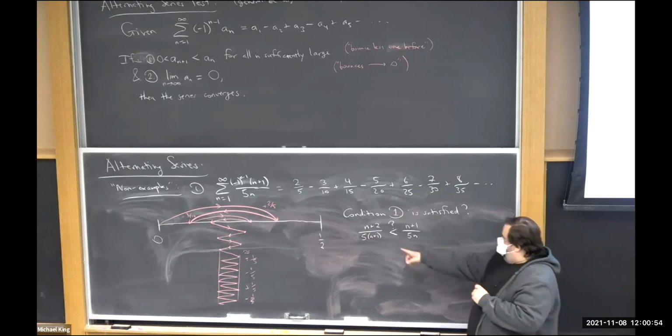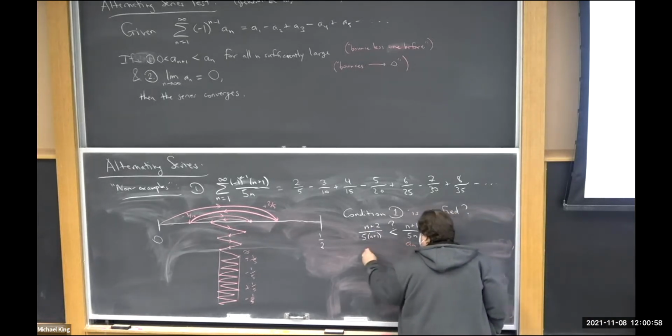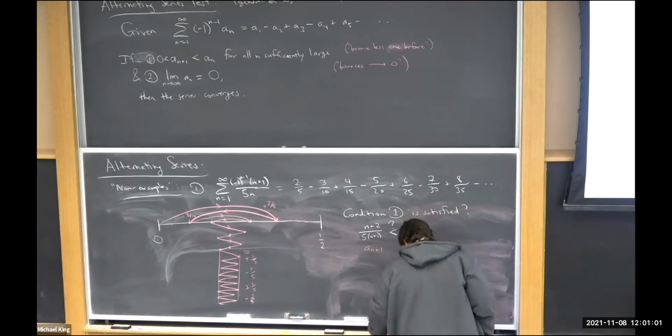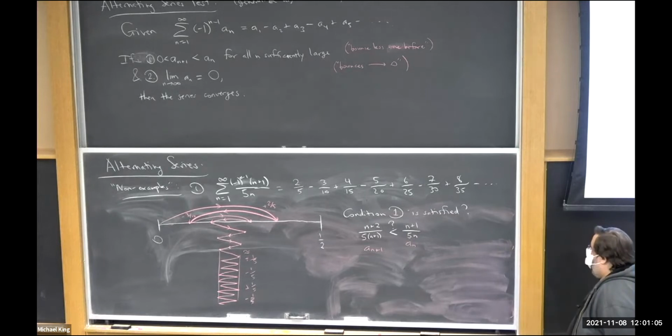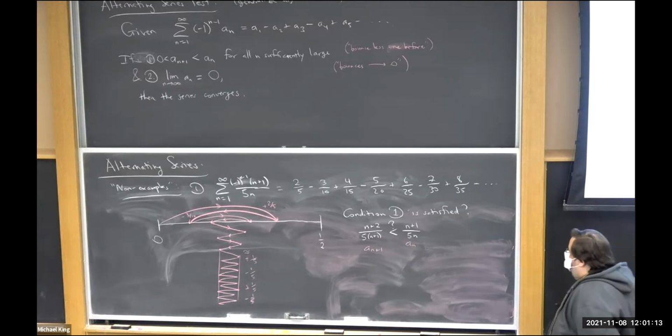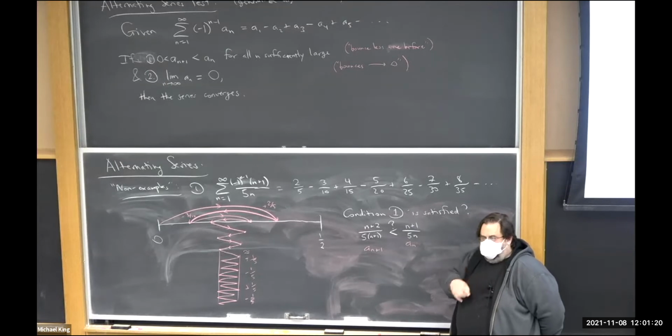Because this would be the next term, right? This is a sub n, this is a sub n plus 1. I mean, it's a question mark. You do have to think about it. You could think about the function (x plus 1) over 5x and show that the derivative is negative if you wanted to show it was going down.